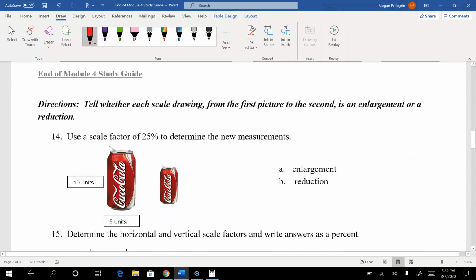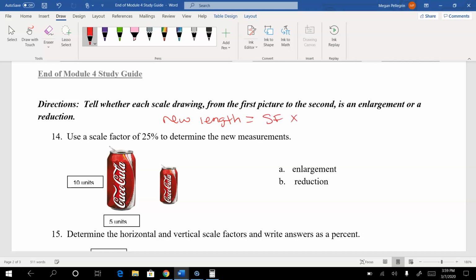Okay, number 14, use a scale factor of 25% to determine the new measurements. Okay, remember we do our new length equals the scale factor times the actual length. So our scale factor is 25%, and we want to multiply that times our actual length.